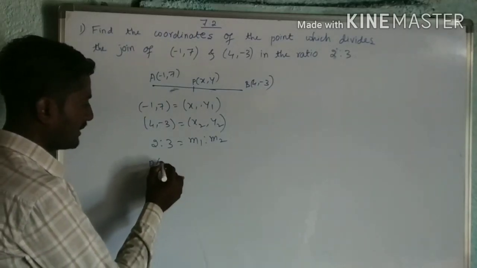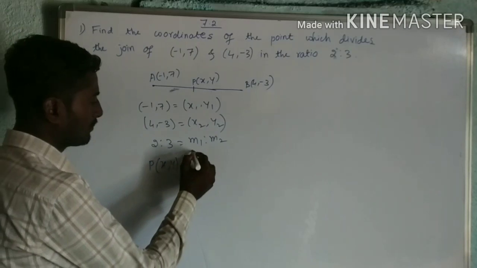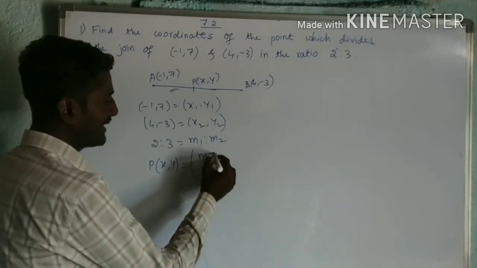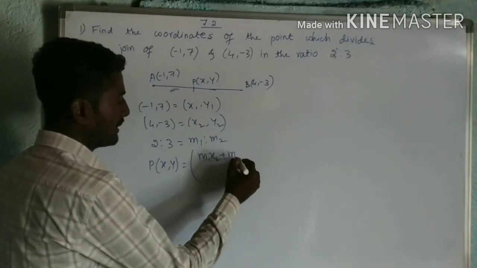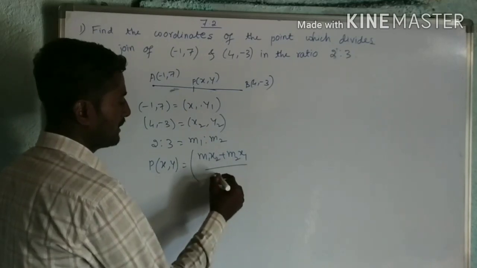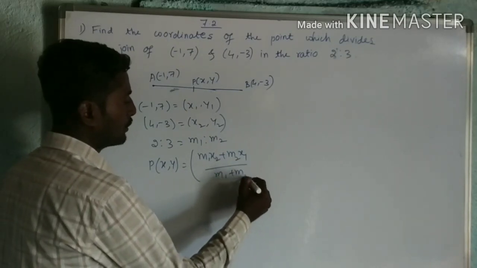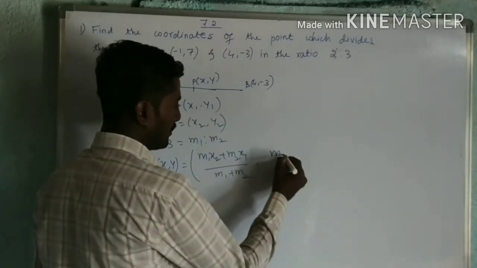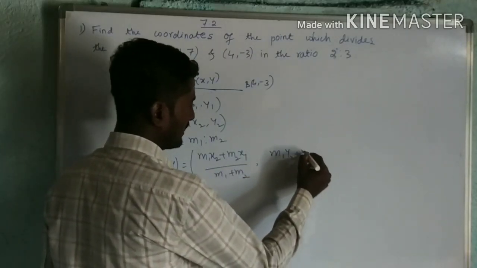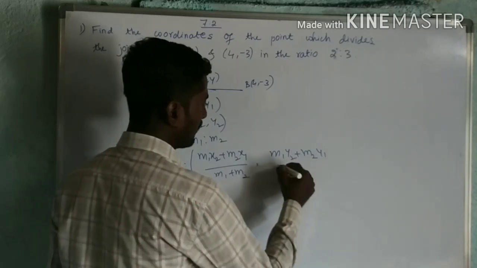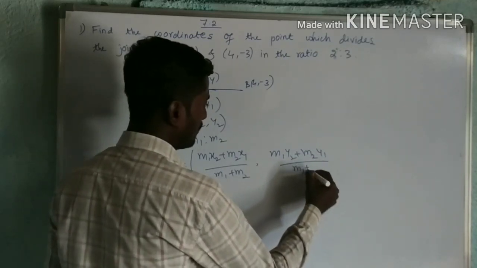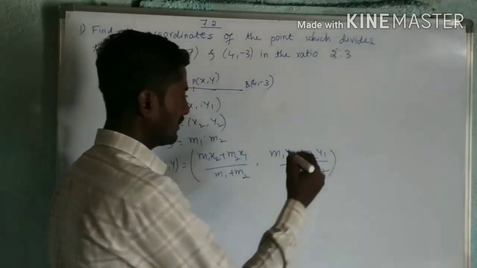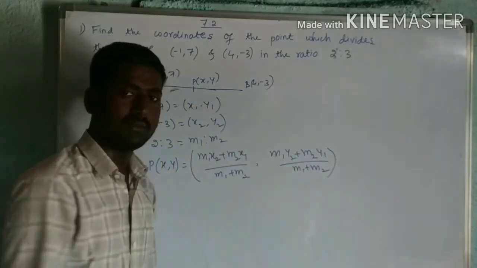P of x, y is equal to (m1 x2 plus m2 x1) divided by (m1 plus m2), comma, (m1 y2 plus m2 y1) divided by (m1 plus m2). We should put the common bracket here.